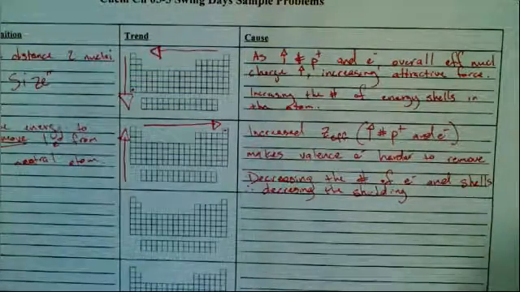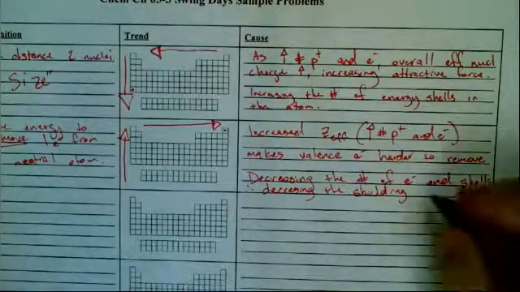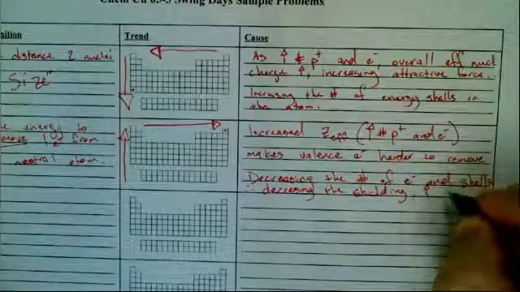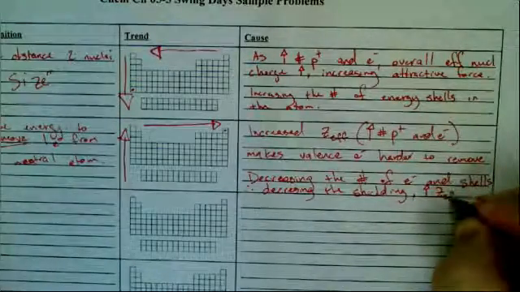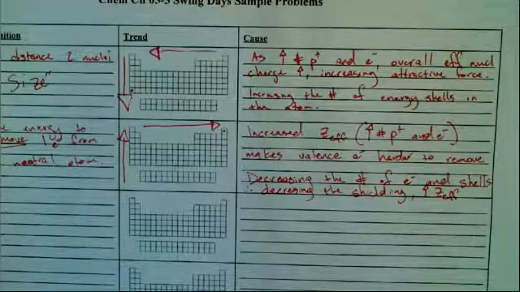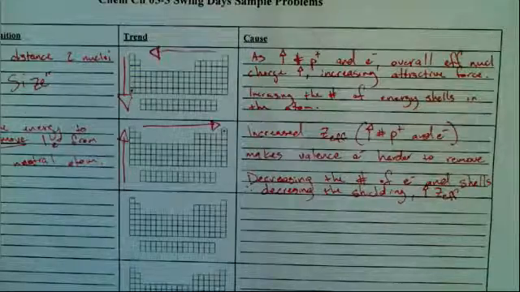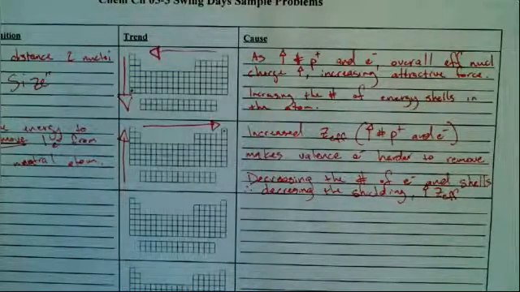And if we're decreasing the shielding, we're increasing the effective nuclear charge. Remember, electron-electron shielding mitigates, or makes smaller, the amount of attractive force that an outer electron or a valence electron feels from the nucleus.